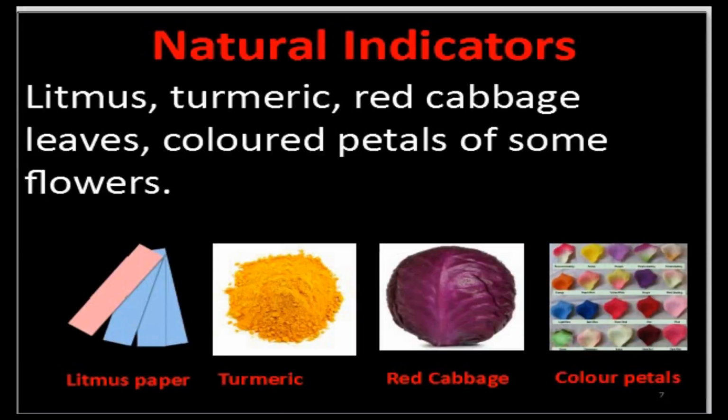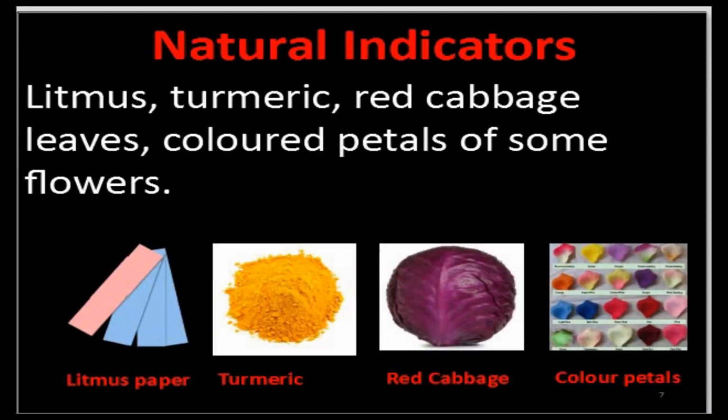Now let's see the natural indicator litmus. The litmus paper is a purple dye. It is extracted from a plant called lichen. And examples of colored petals are hydrangea, petunia and geranium.